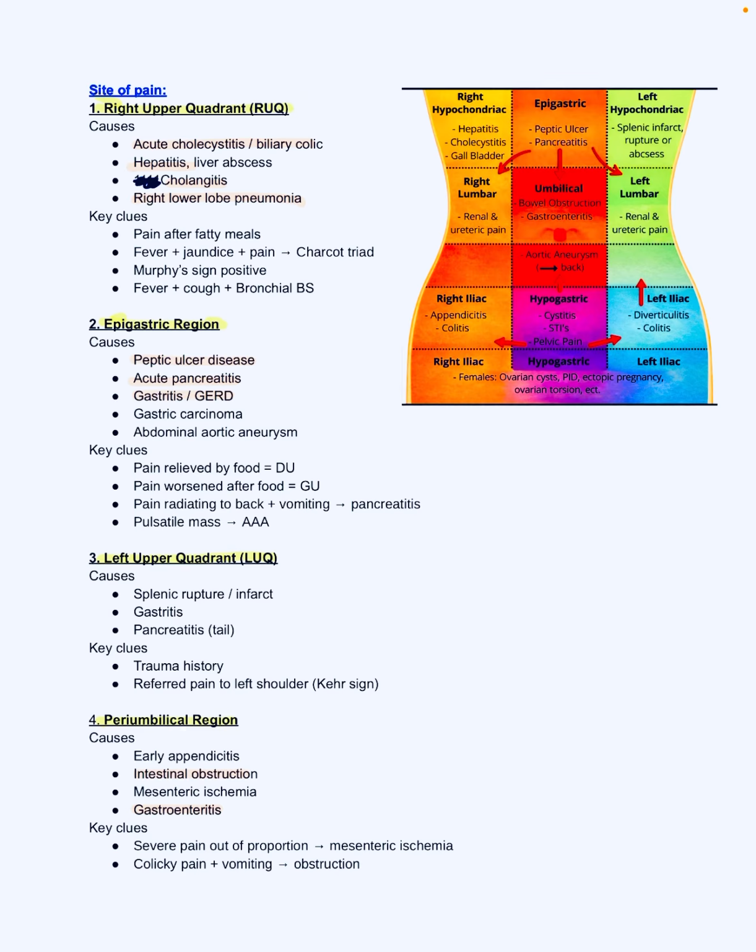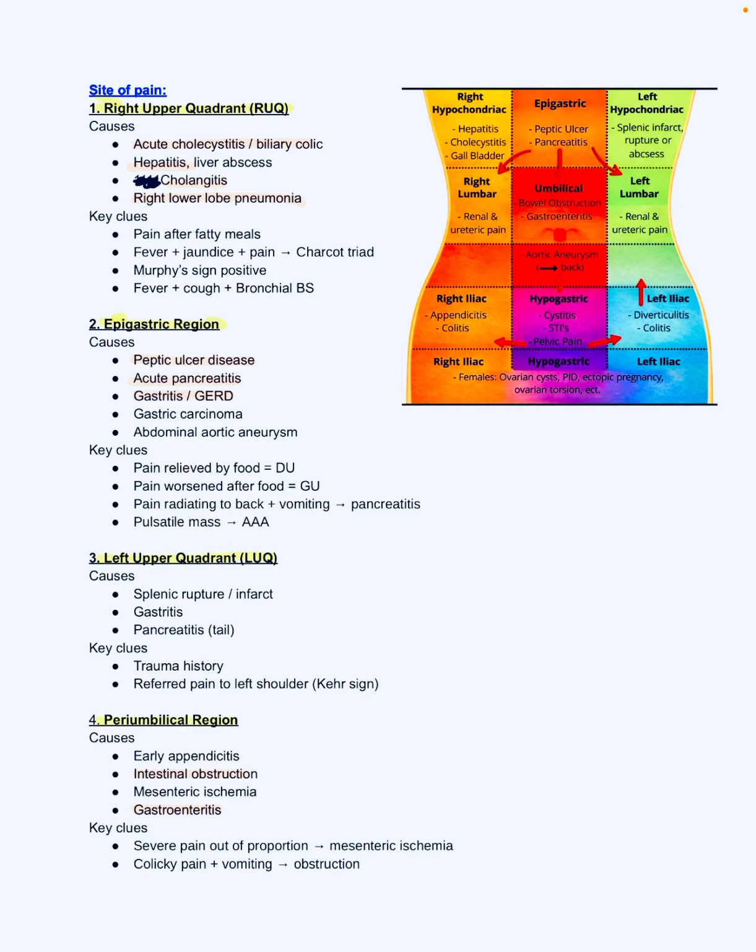Pain, jaundice, fever, that is Charcot's triad, is presence of cholangitis. Murphy's sign is present in cholecystitis, and there may be presence of fever, cough, and bronchial breath sound in case of lower lobe pneumonia.